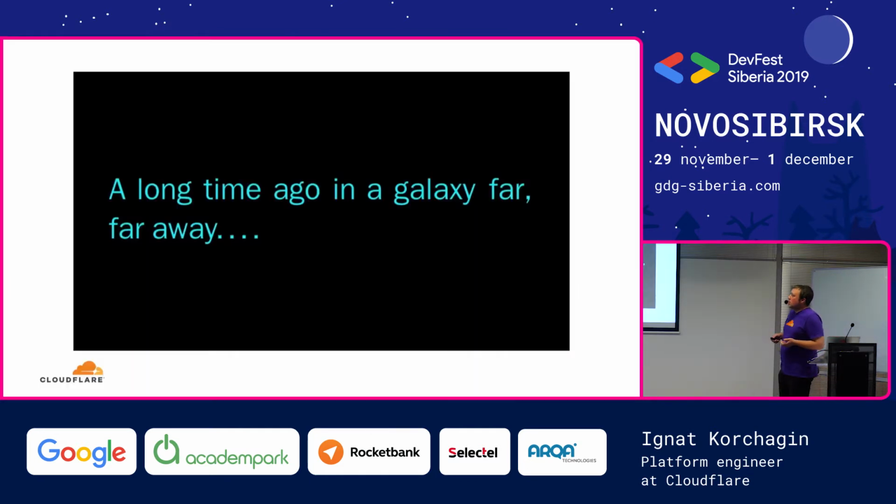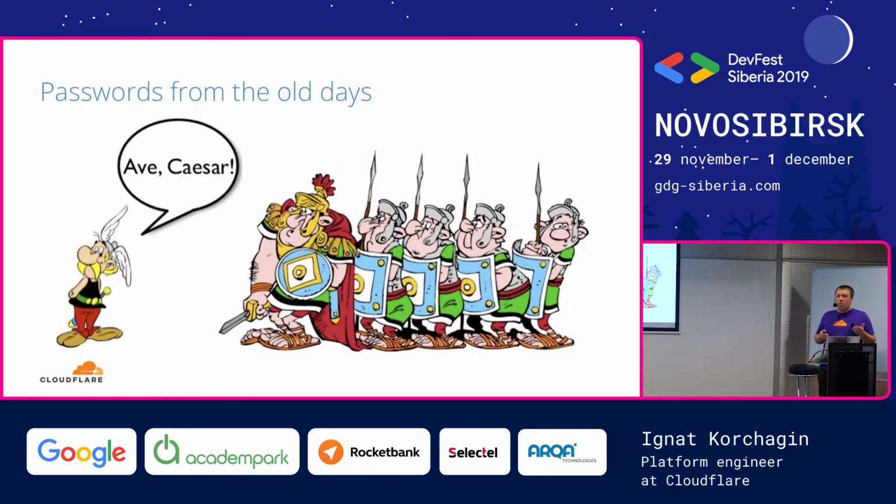So passwords, right? Passwords have a long history. So they're probably one of the oldest pillars of authentication out there. So, for example, in Roman Empire, they didn't call them passwords, they called them watchwords.